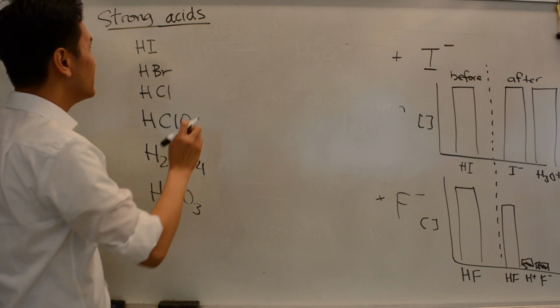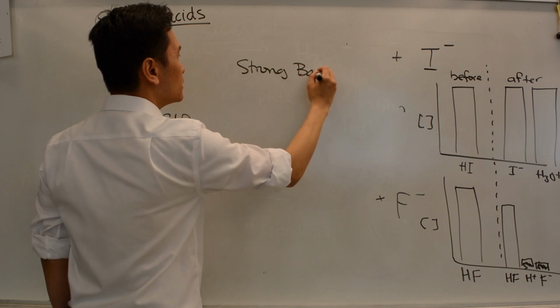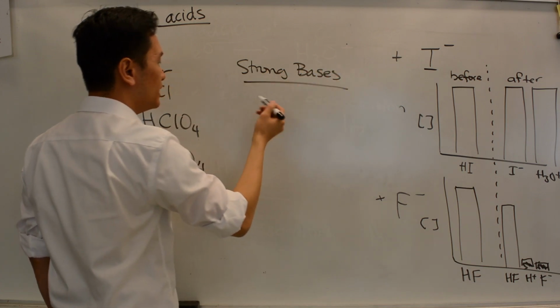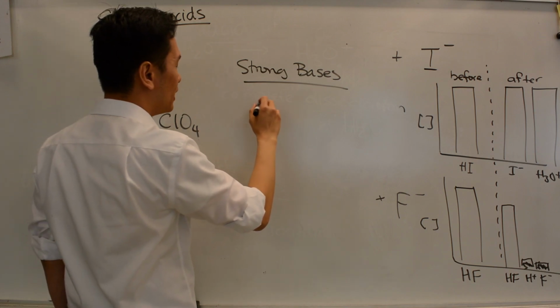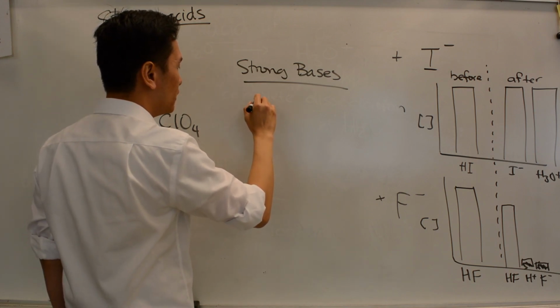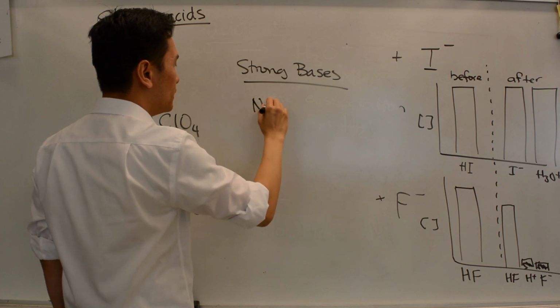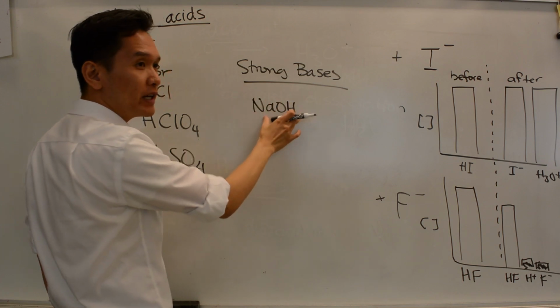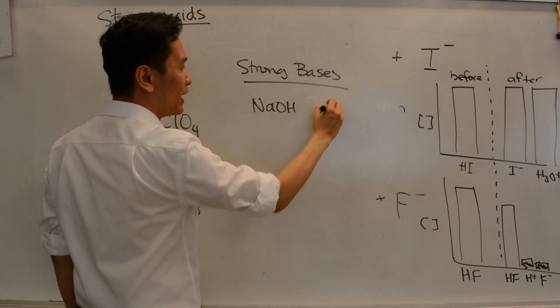And in terms of bases, strong bases are basically metals from column 1 and column 2. Anytime you have an ionic compound, for example, NaOH, if they dissociate completely based on the solubility rules, you're going to be a strong base.